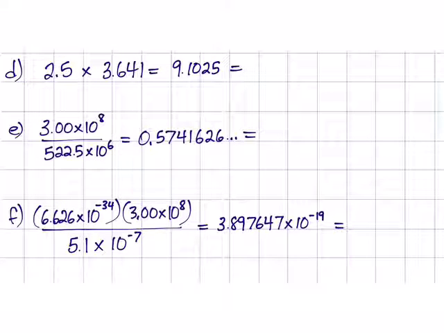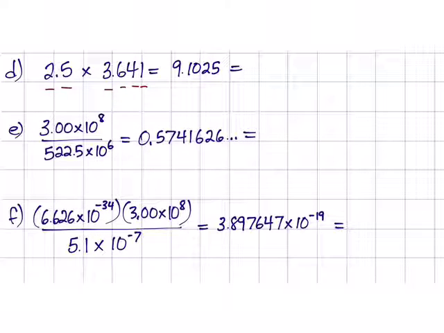But what should I write down as my answer on a test? Well, since I'm multiplying and dividing, we don't look at decimal places, we look at significant digits. So 2.5 has 2 significant digits. If you're rusty on counting significant digits, you want to go back and look at that other tutorial video on how to count significant digits. So 3.641 has 4 significant digits.